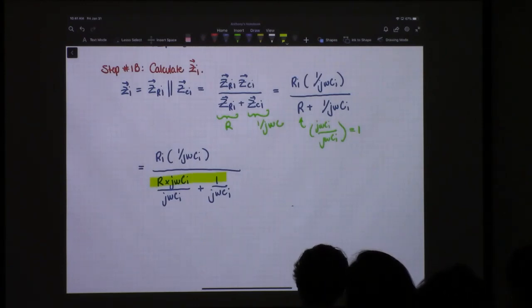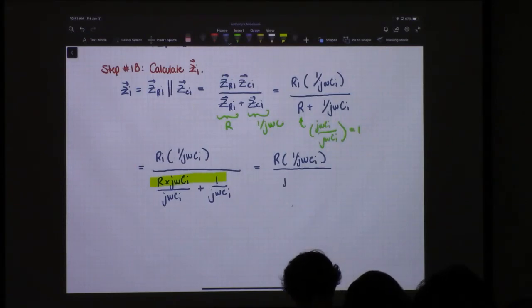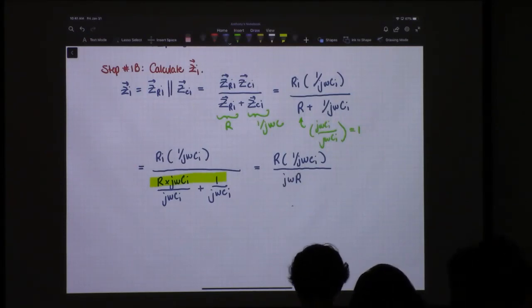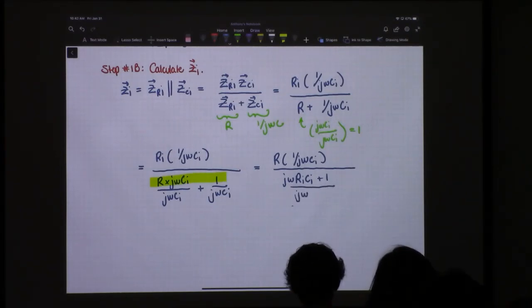Because they have a common denominator now. And so what that'll leave us with is, again, the top still hasn't changed, but the bottom will be j omega R Ci plus 1 over j omega Ci.